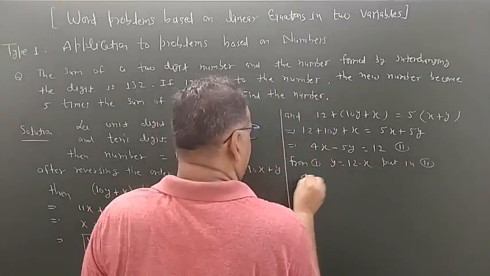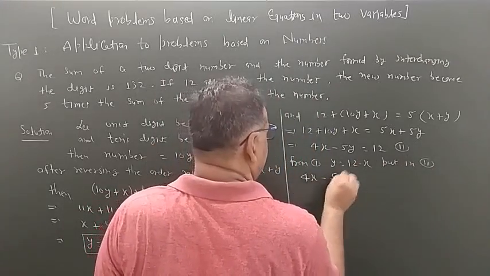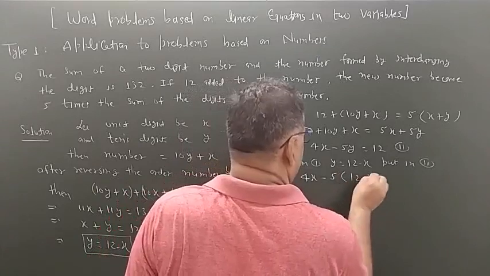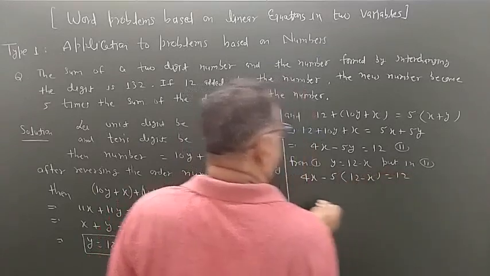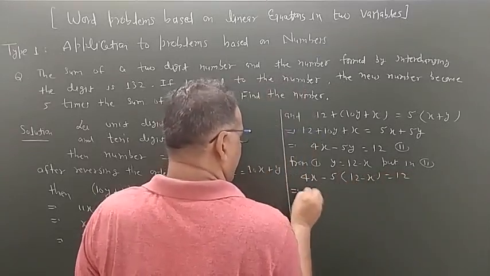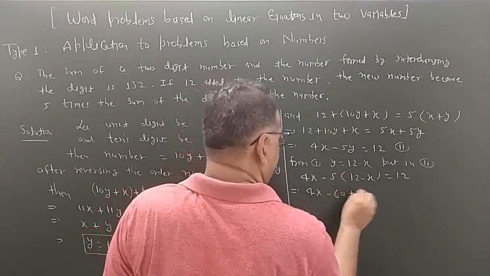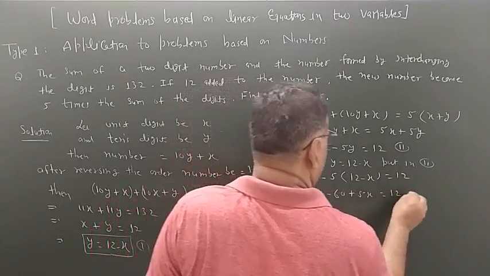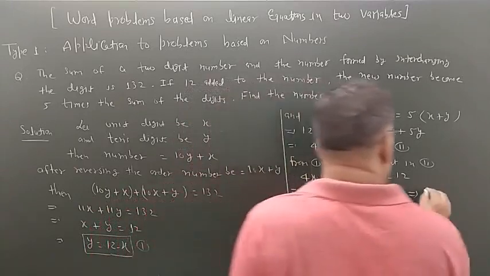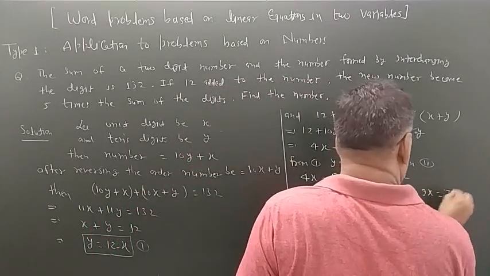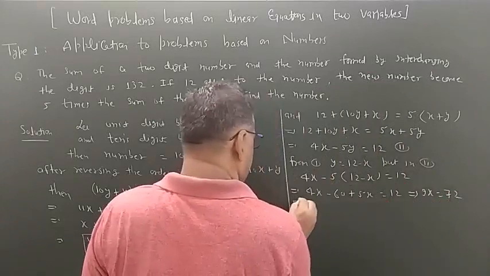So we have 4x minus 5 times 12 minus x equal to 12. 4x minus 60 plus 5x equal to 12. So we have 9x equal to 72. So x equal to 8.